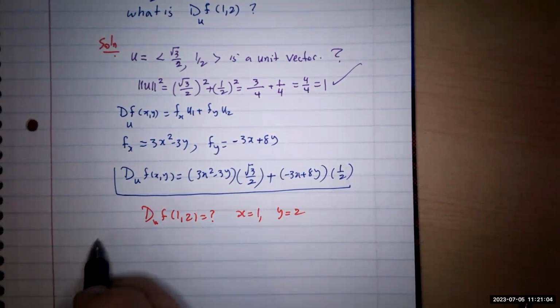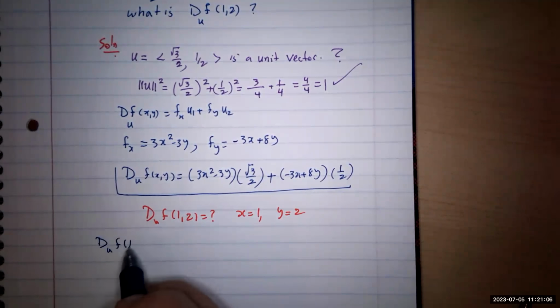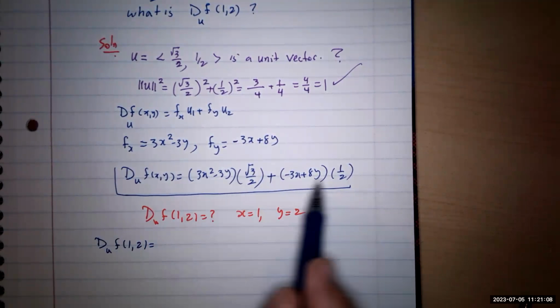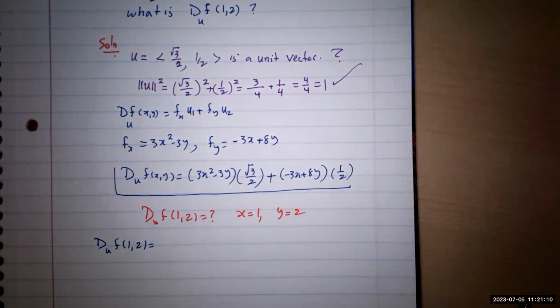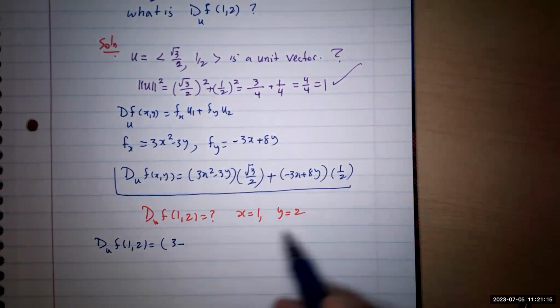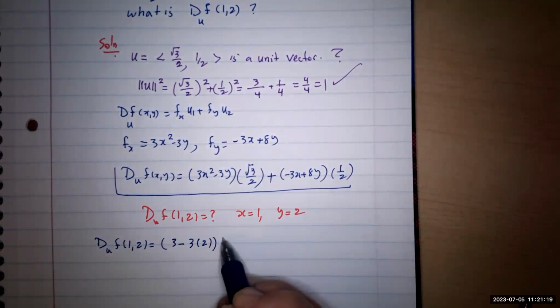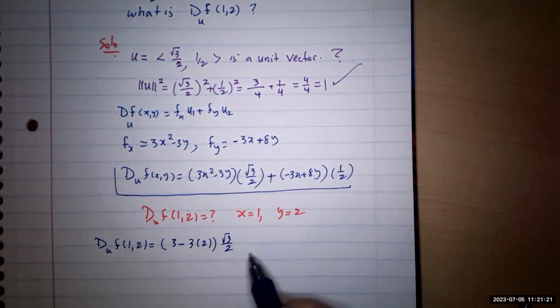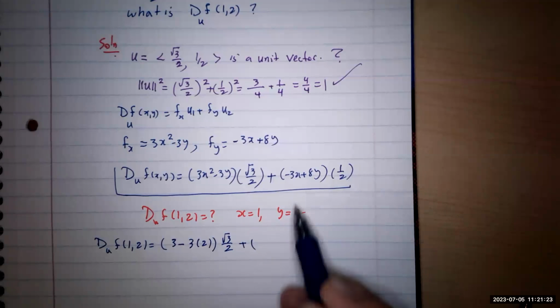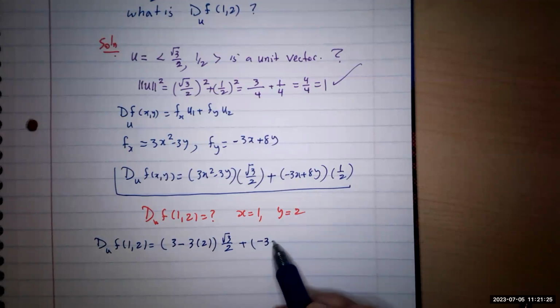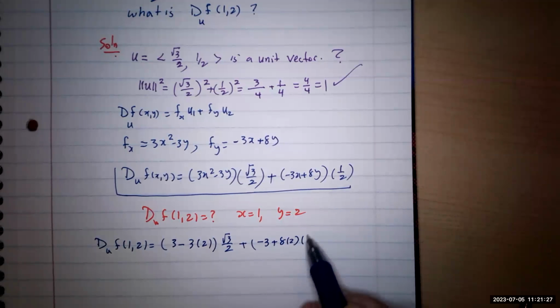So you substitute here, and you get your result. x is equal to 1, so it's going to be 3 minus 3 times 2, times radical 3/2. Plus negative 3x would be negative 3, and 8 times 2 times 1/2.